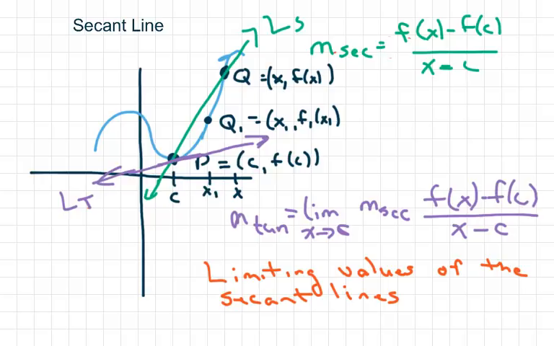I'd like you to recall that in pre-cal, you should have done the equation of the secant line. I do have a video on that. For example, the green here is the secant line.